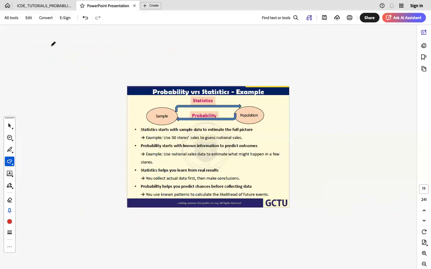Then the fourth one is called the cumulative frequency.